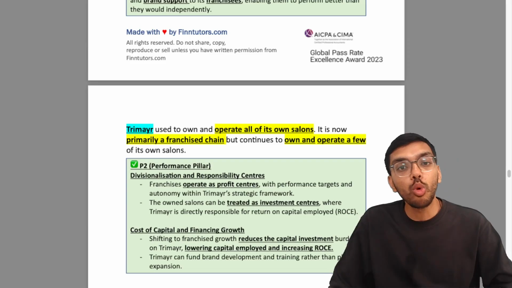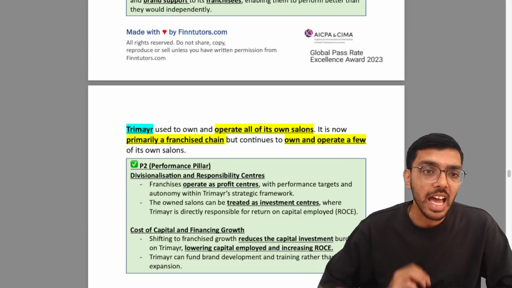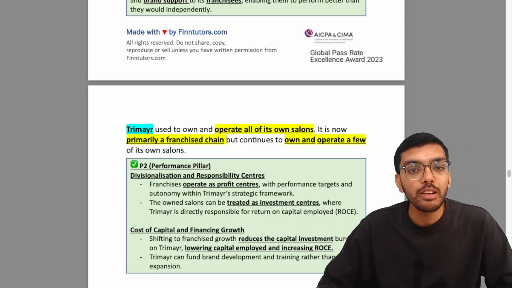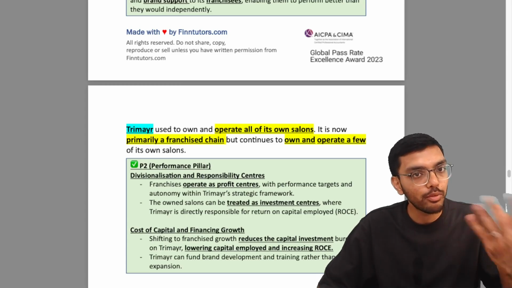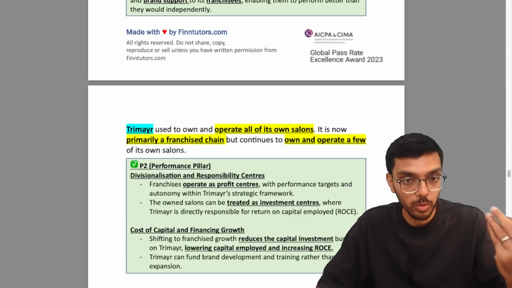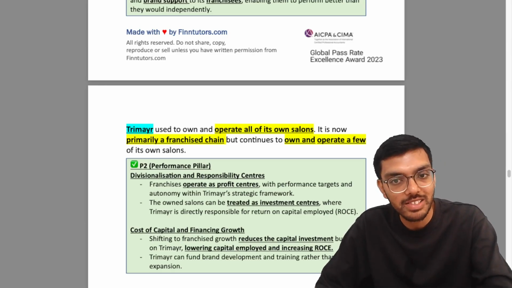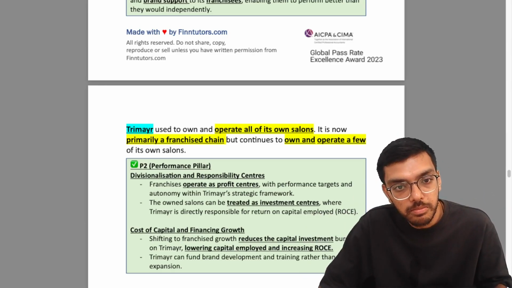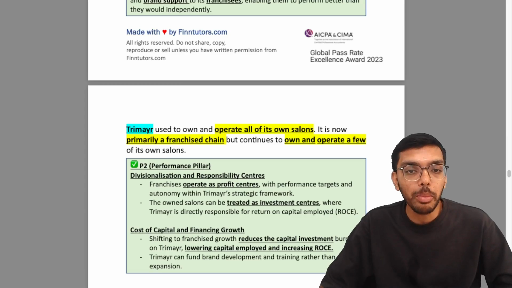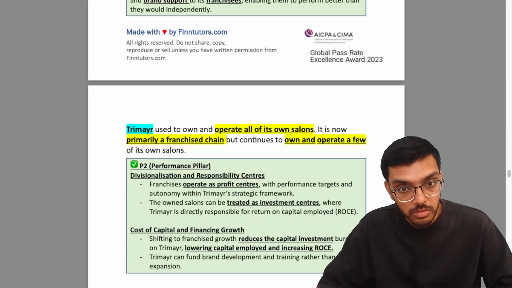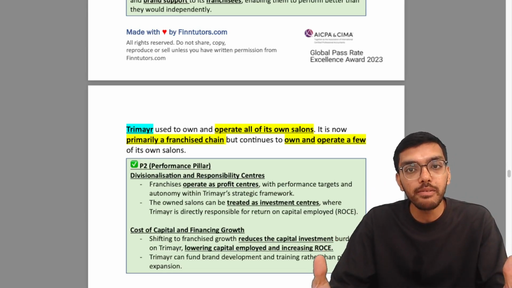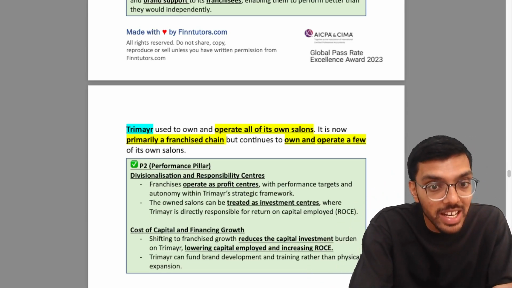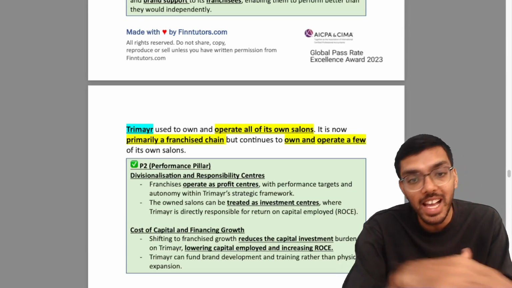Trimayr used to own and operate all of its salons. It is now primarily a franchise chain because we only operate 40 Pop mid-market salons. Everything else is franchised. Franchises operate as profit centers generally, with performance targets and autonomy within Trimayr's strategic framework. The owned salons that we have can be treated as investment centers because you're controlling every aspect.